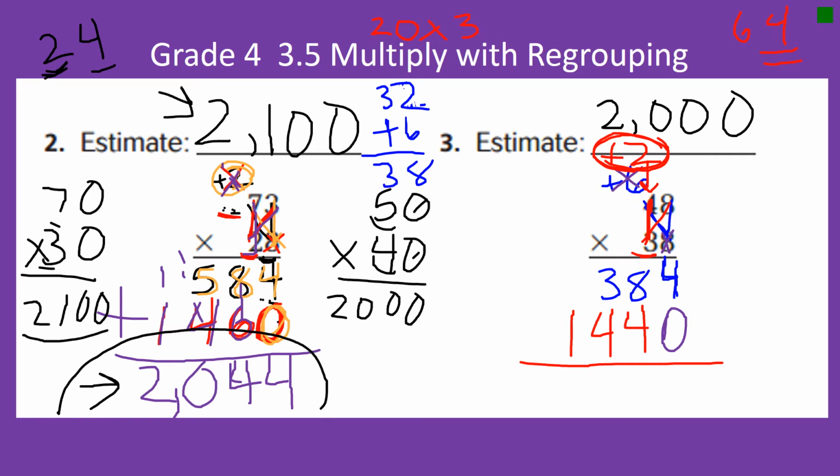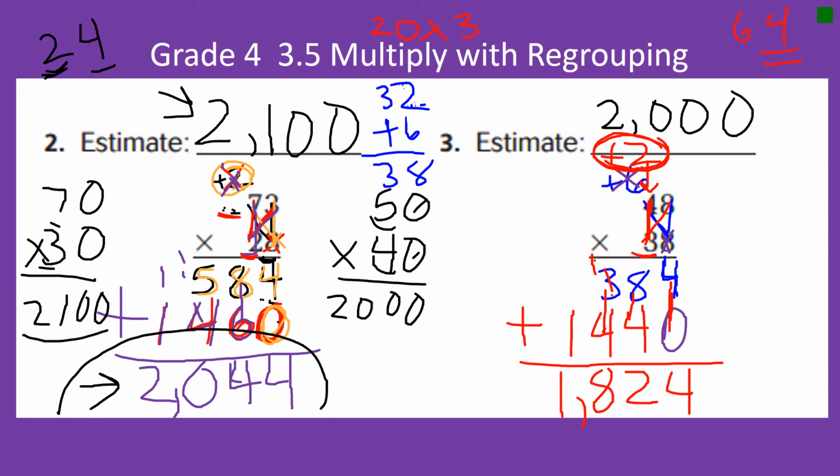And remember, you have to line these place values up nice and tidy, because after all that hard multiplying, you don't want to make a mistake adding, right? So let's see, 4 plus 0 is 4. 8 plus 4 is 12. I'm going to regroup. 4 plus 3. Oh, look, 3 plus 1 is 4. 4 plus 4, 8, and a 1.